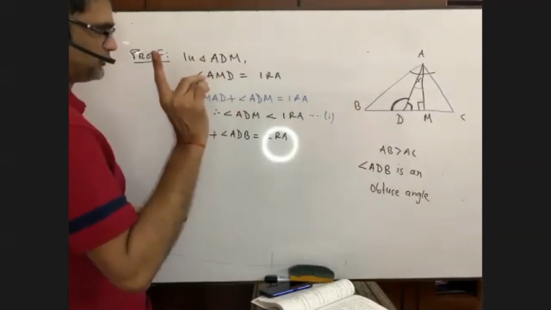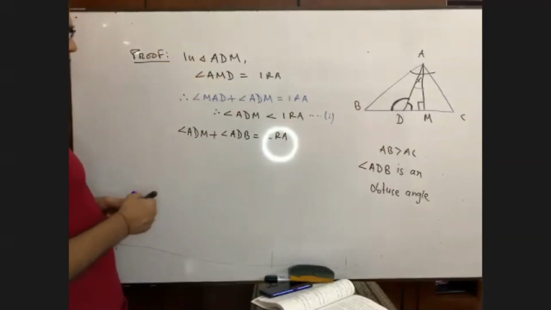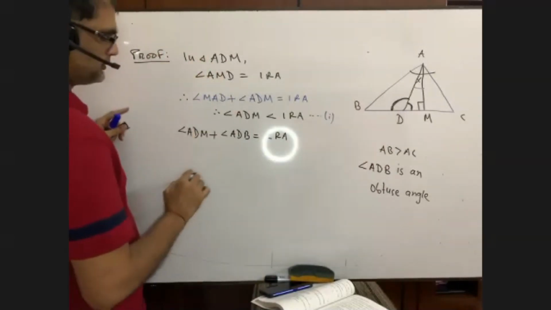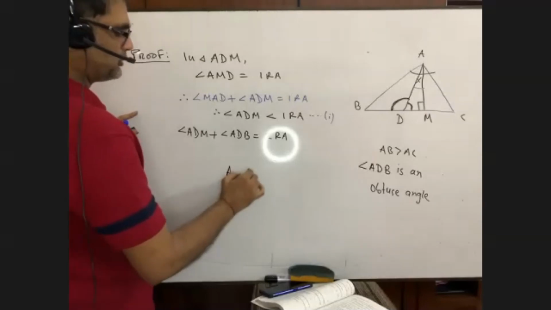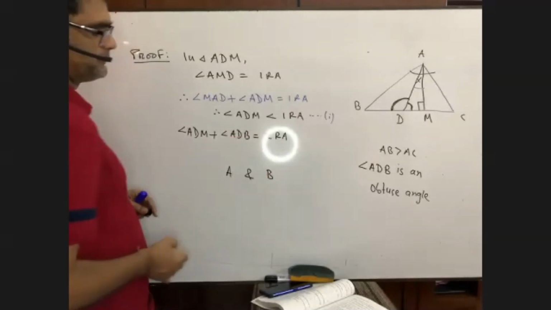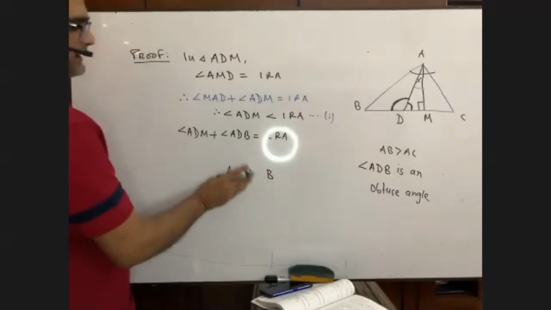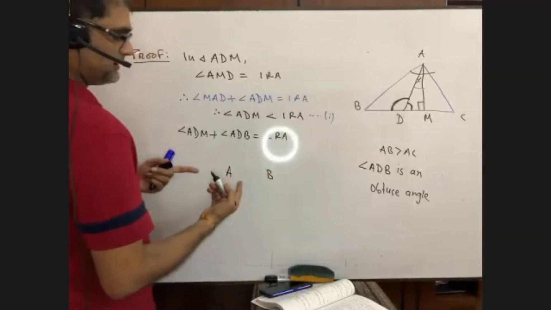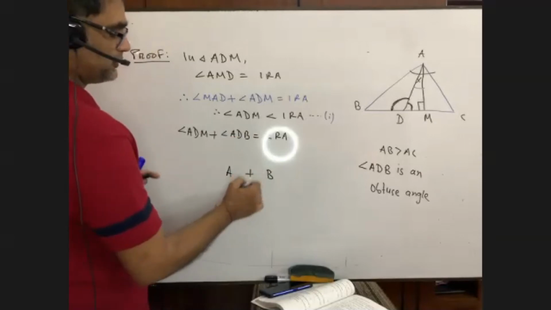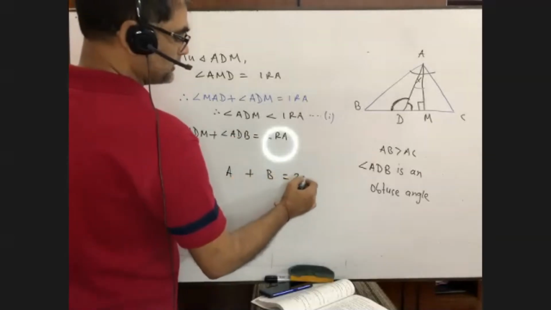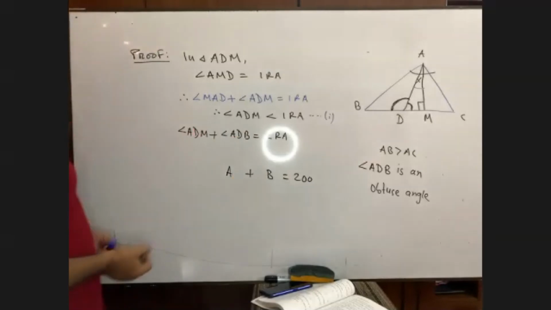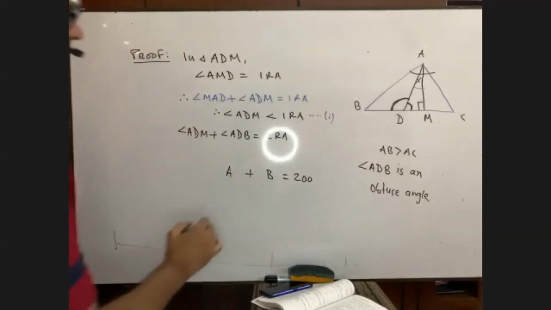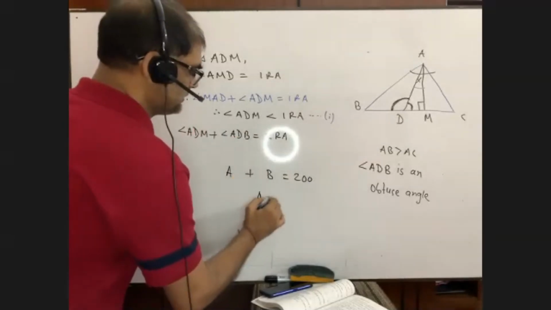Suppose A and B are two students, and they have a total amount. I am letting their amount, suppose, total 200 taka, but A has less than 100.